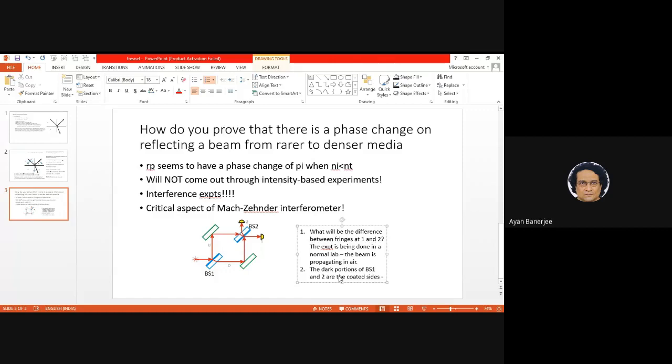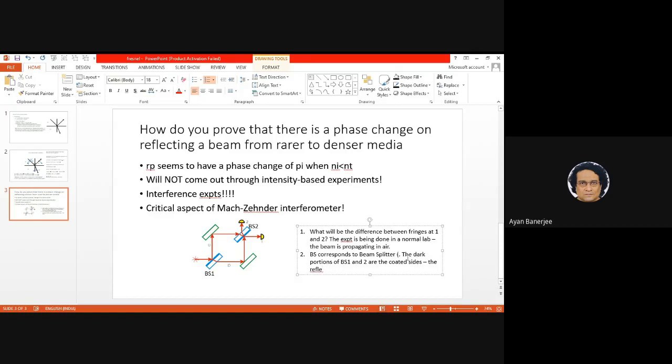In Matlab, the reflections at BS1 and BS2 are being treated that way. That is important. BS corresponds to beam splitter, not some other thing that creative minds might think. BS is beam splitter, and the dark portions are coated sides. These are 50-50 beam splitters.